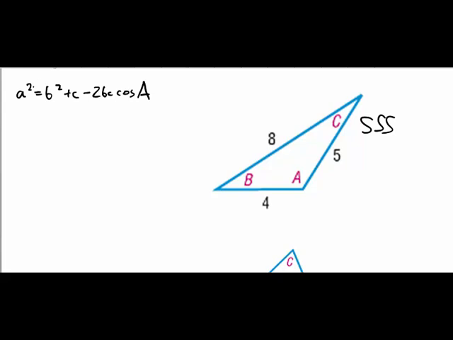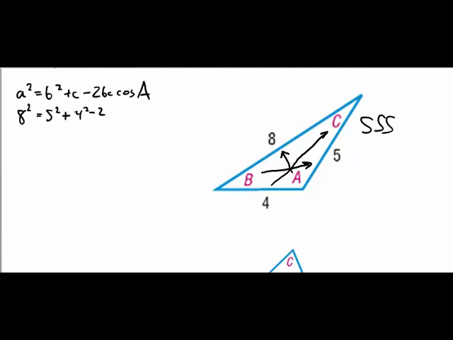So, starting off with the A squared, we know that that's 8, because that side length is always across from its angle. So, that's where each of these line up to. And my B is going to be, in this case, 5, and my C, in this case, is going to be 4.